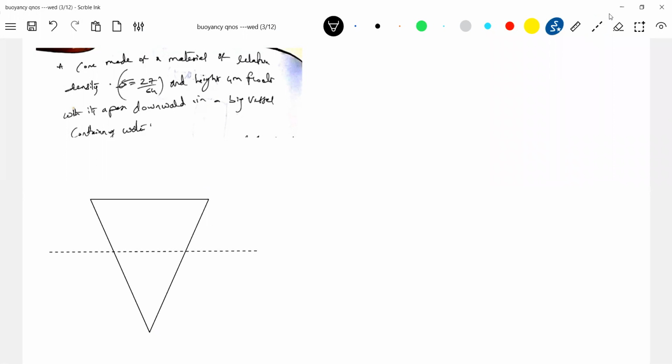So this is the height of the cone. Not working properly, this one today.